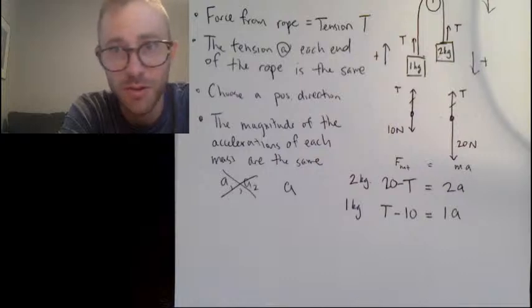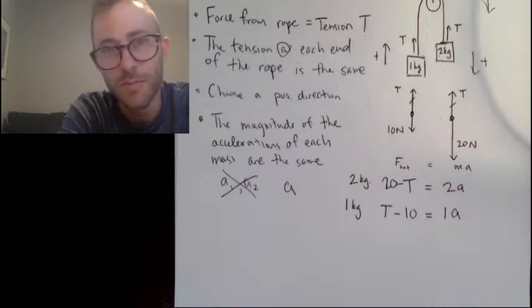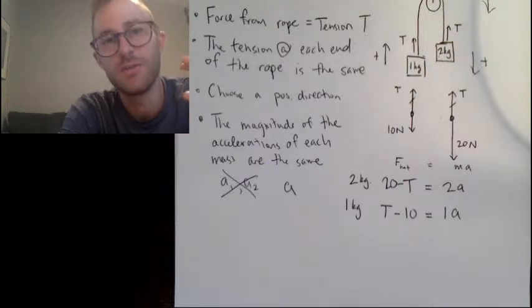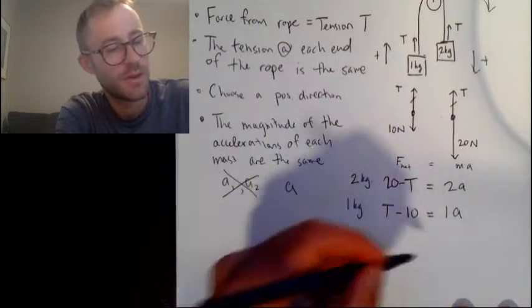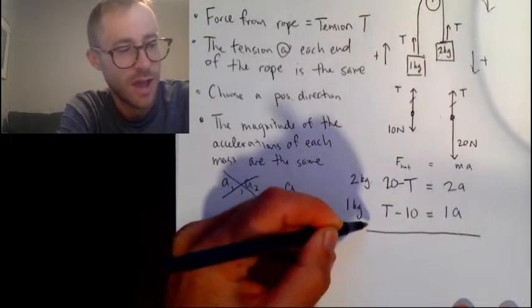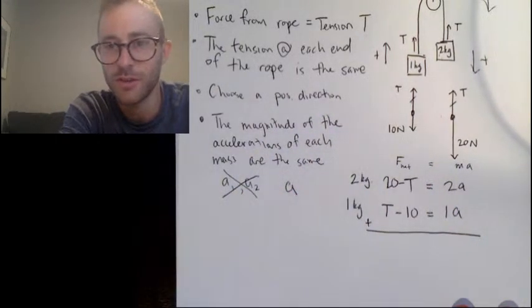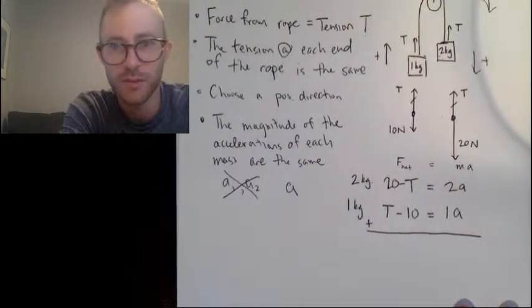That would be an example of a system of equations. This system of equations is really, really easy to solve. Here's why. All you have to do to solve this system of equations is add the two equations together. Now, why does that make it so easy?